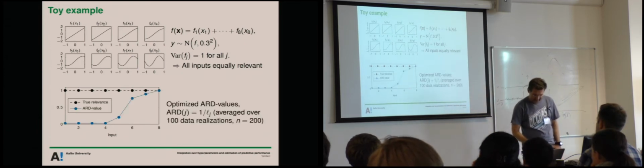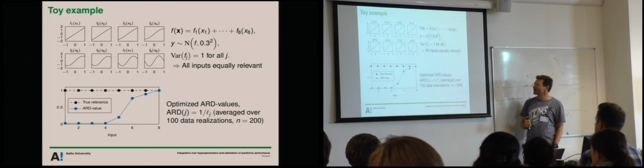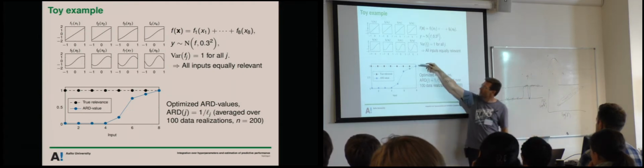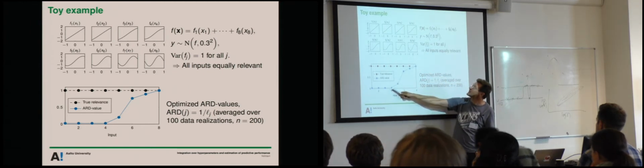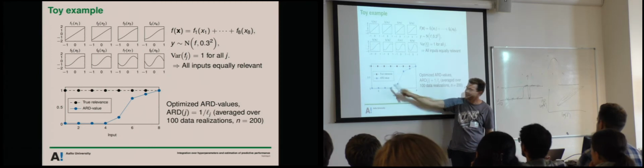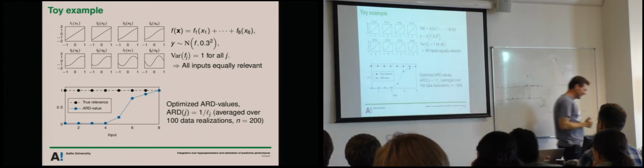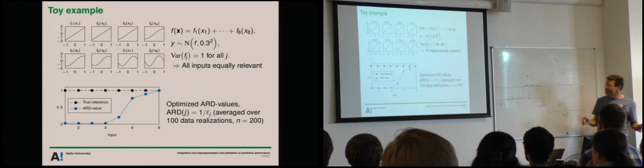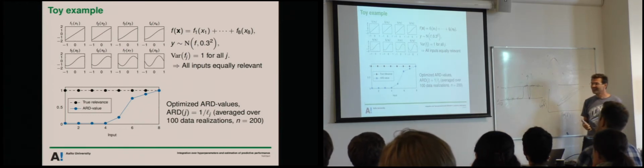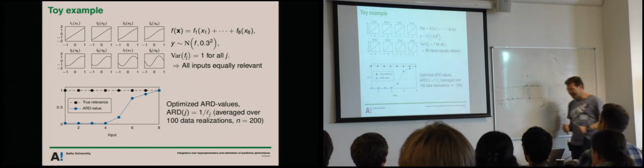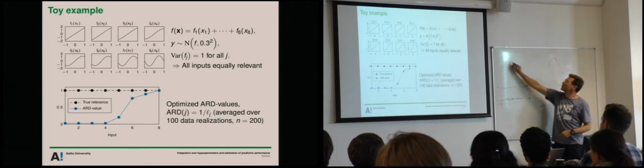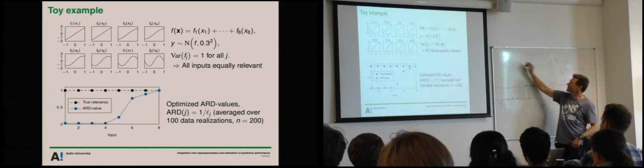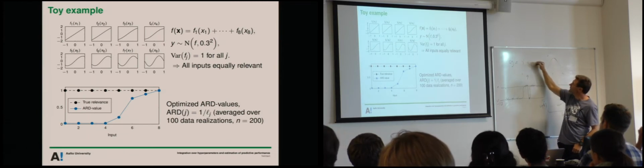And this is how the inverse of the length scale looks like. So with the small length scale, we get high relevance. But now for the first components, they are so close to linear that it can use a large length scale. And if you would think of this as relevance, you would say that, okay, they are not relevant. This is especially bad in those cases where your model is just y equals x plus some noise.